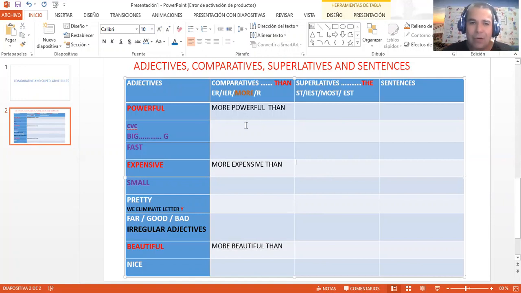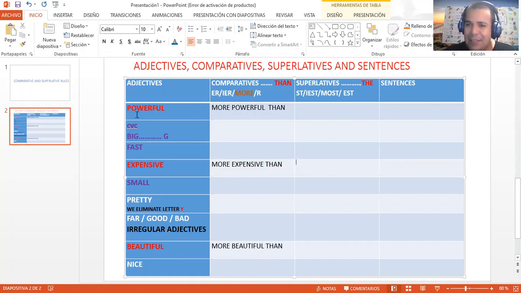Let's continue with the second rule. One syllable adjective. And the one that we have right here first is big. So if you see here, big basically has three letters: consonant, vowel, consonant. That's why you can see here CVC.